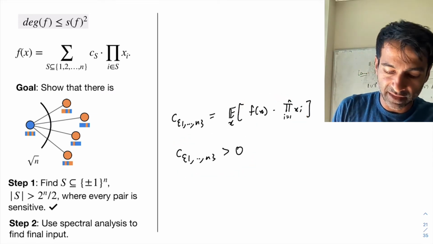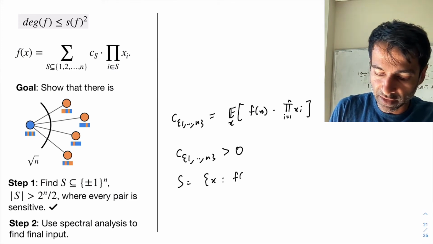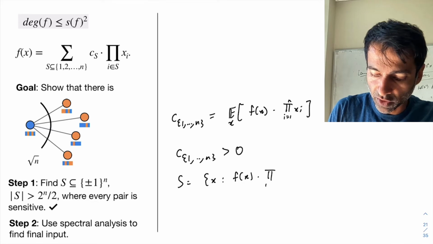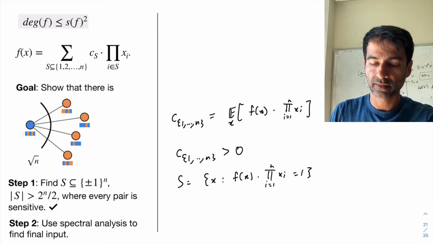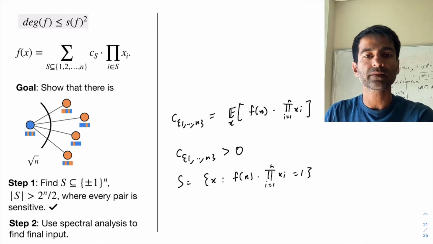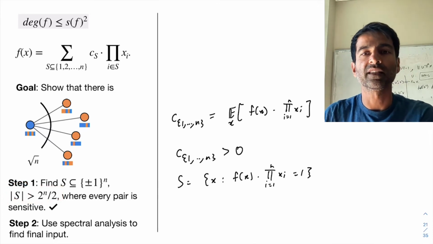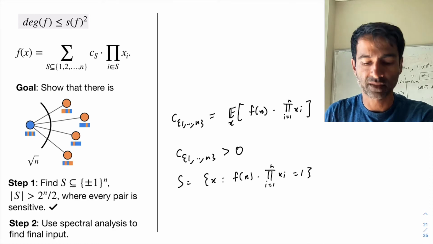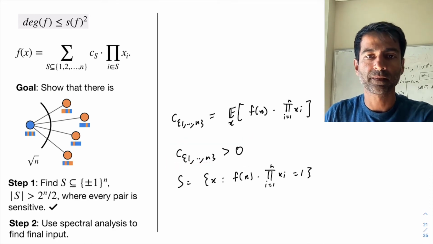So let's set S to be the set of inputs x such that f of x times this product is equal to 1. And this set S must be more than half of all the inputs, because the value of this coefficient is positive.